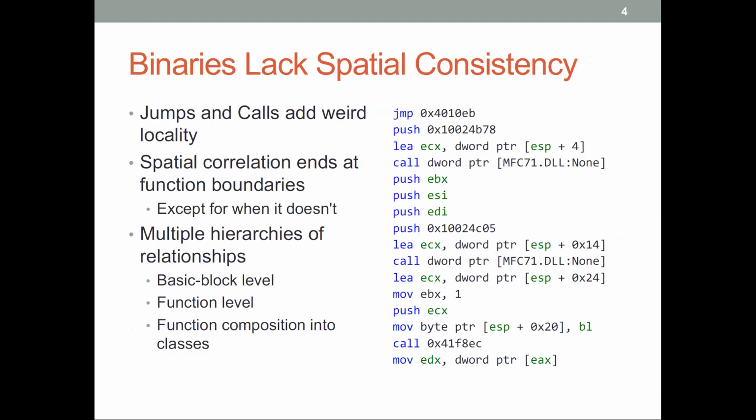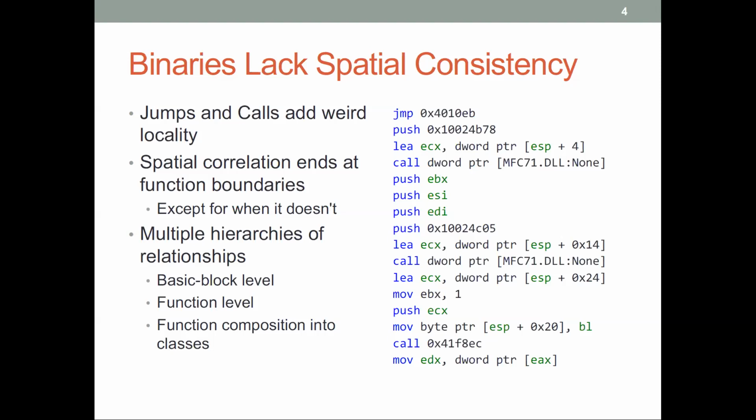Convolutional neural networks assume that neighboring pixels have some spatial correlation to each other. They provide some context of what's going on. However, in binaries, operations such as jumps and calls, which is like jumping to another piece of the code or calling a different function in the code, break this spatial consistency.